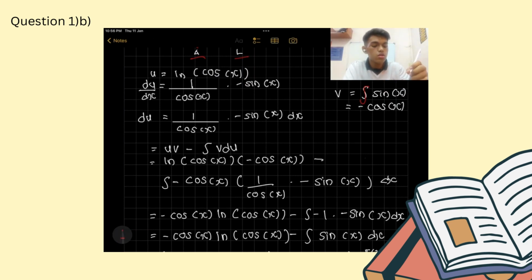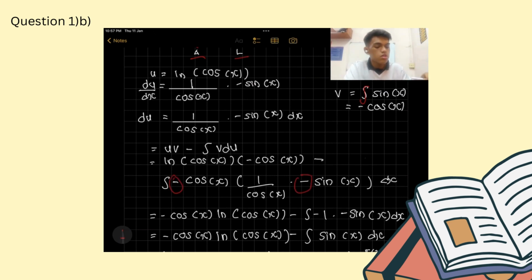So we put the answers into the formula, and it becomes ln cos x times negative cos x minus integrate negative cos x times 1 over cos x times negative sin x dx. Never forget the negative signs here.